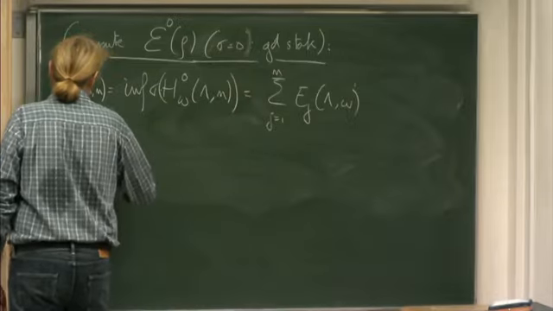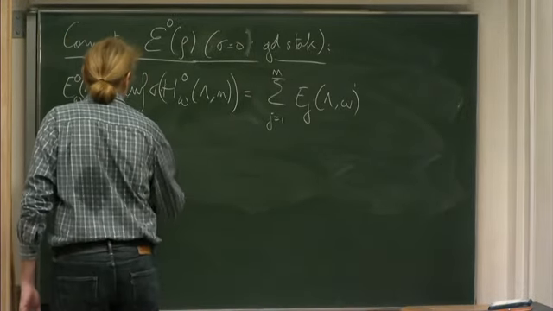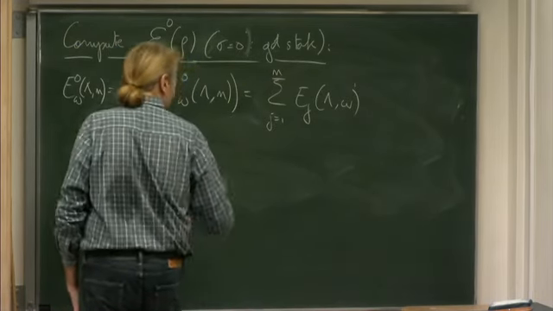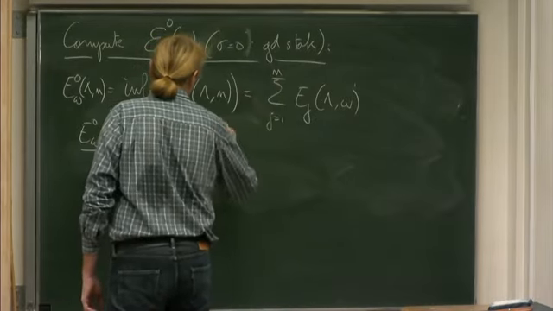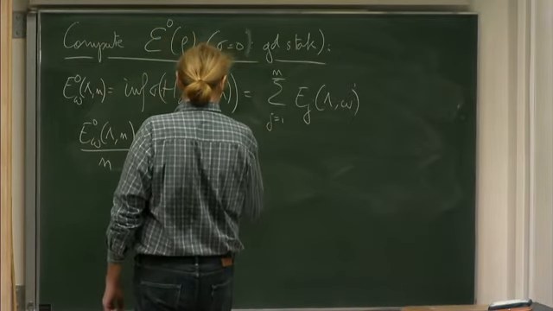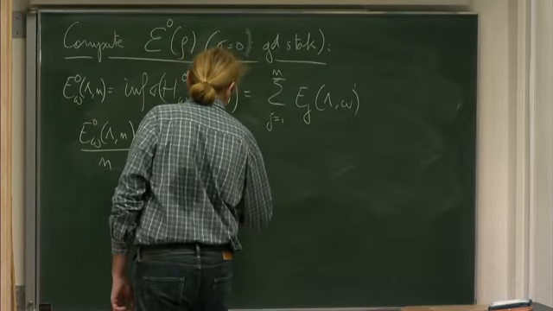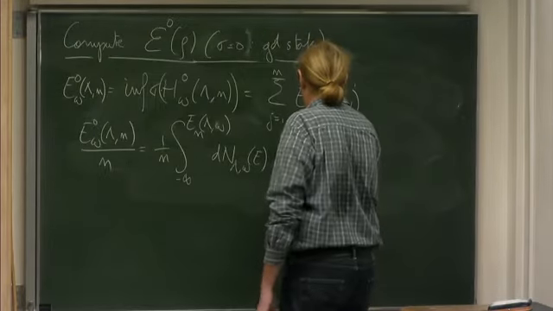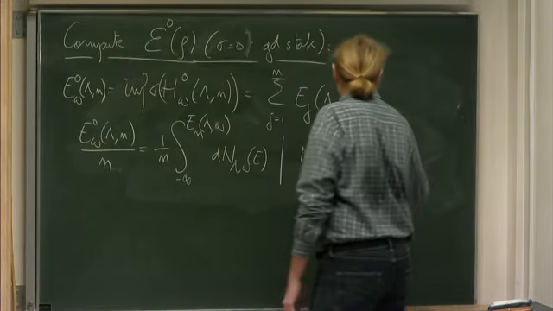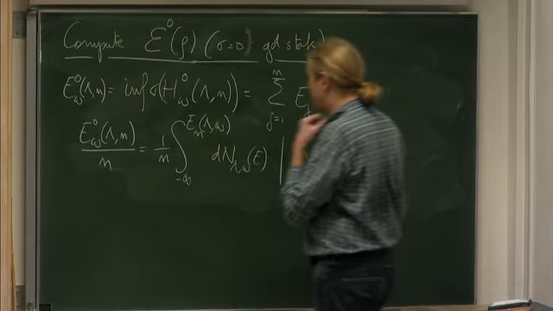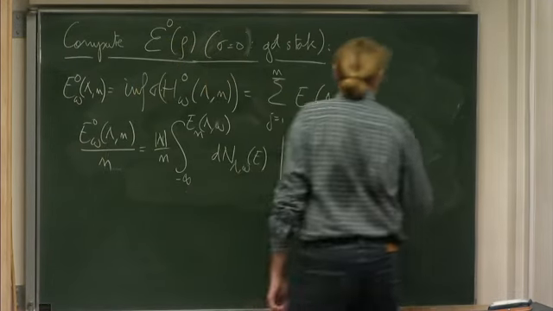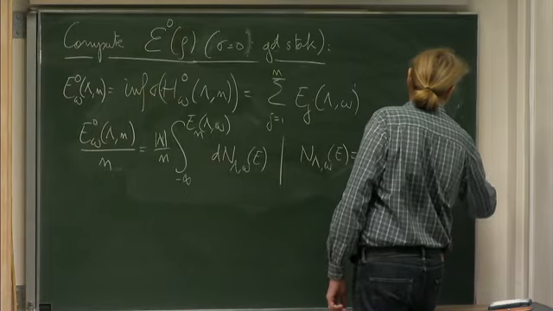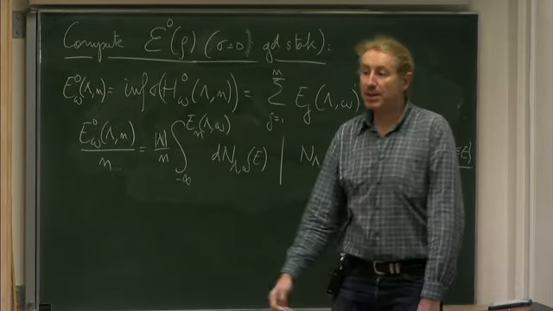And E_omega 0 of lambda and n divided by n is just the sum divided by n, but you can rewrite it as 1 over n times the integral from minus infinity to E_n(lambda, omega) of E dN_{lambda, omega}(E), where N_{lambda, omega}(E) is the counting function for the operator h_omega, the number of eigenvalues of h_omega lambda less than E. I'm going to multiply and divide by the volume, to take care of this factor.